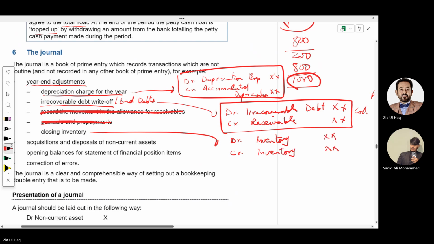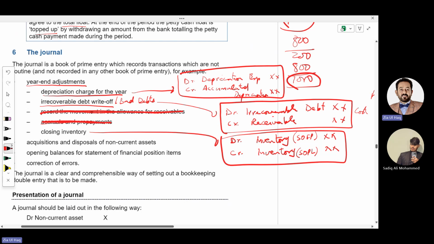Debit inventory for the statement of financial position and credit inventory for the statement of profit and loss account. Now just learn what the accounting entry of closing inventory is: debit inventory, credit inventory. We will learn in detail about it in future.